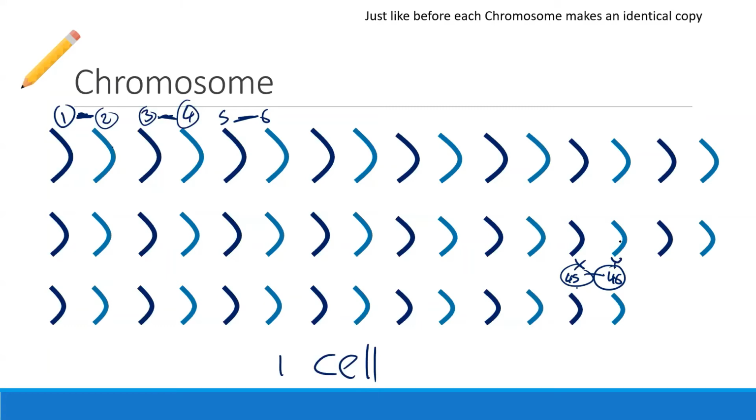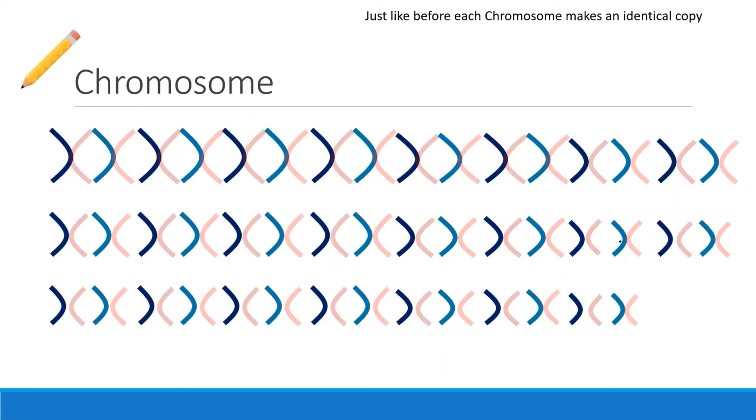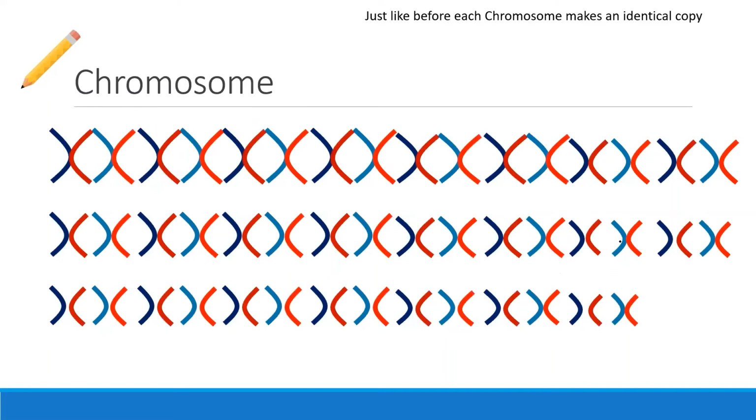The first thing we're going to do is, just like before, each chromosome makes an exact copy. So here you've got 1, 1, 2, 2. These are still pairs. 3, 3, 4, 4, and so on and so forth.